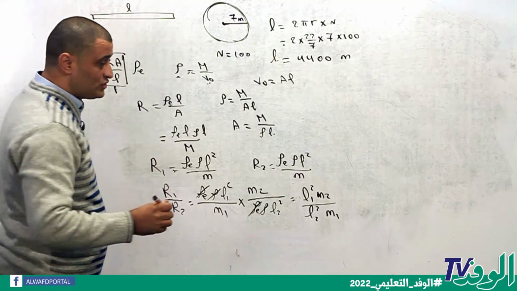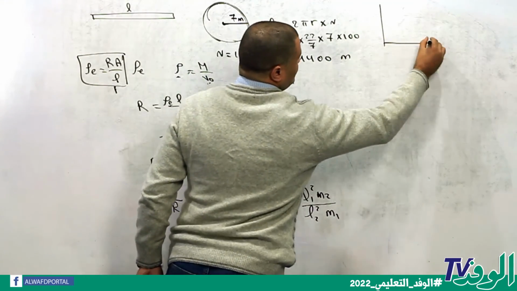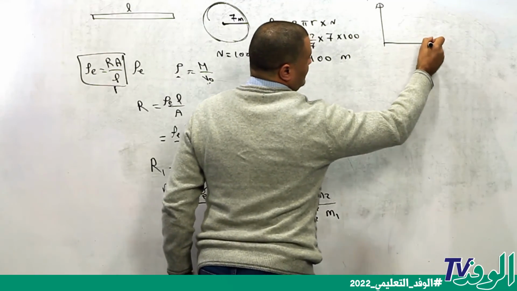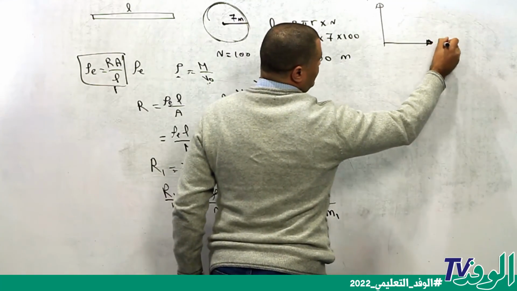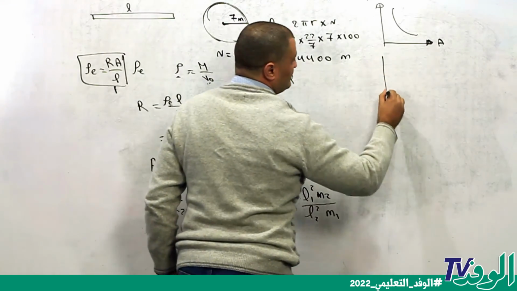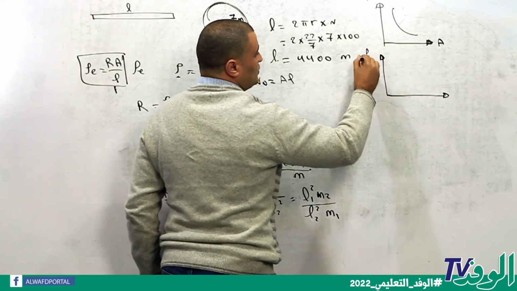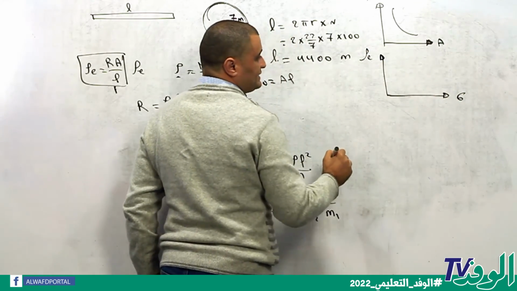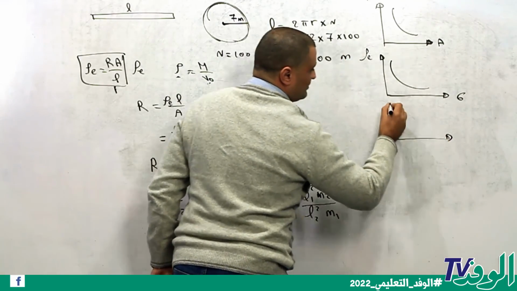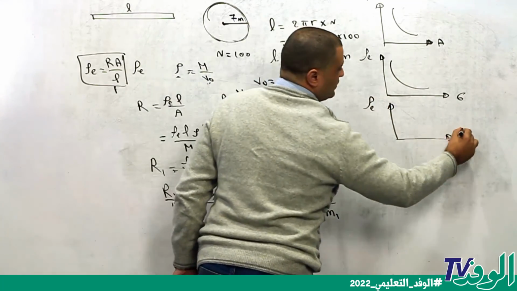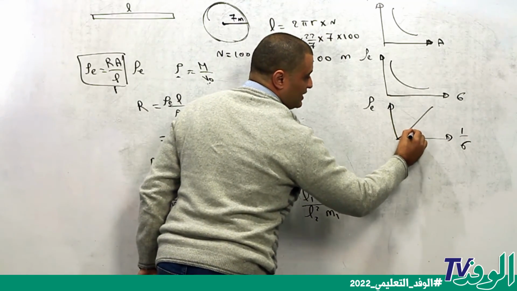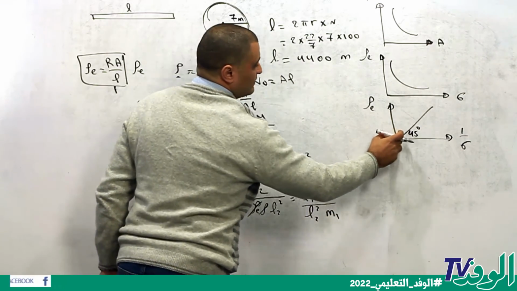The graphic representation for the relation between R and area is an inverse relationship. The graphic representation between rho e and sigma is an inverse relationship. The graphic representation between rho e and 1 over sigma is a direct relationship, and this is 45 degrees.